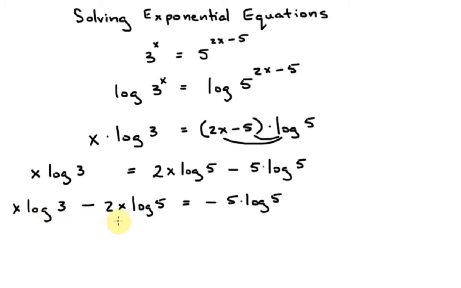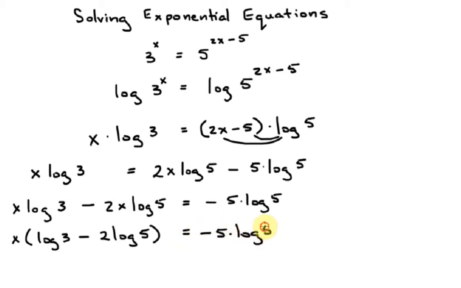Now here, the trick is to factor out the x's that these terms have in common. So I go x times log 3 minus a 2 and a log 5, and that still equals the same stuff that's on the left side, negative 5 times log 5. Well, believe it or not, we're almost there.